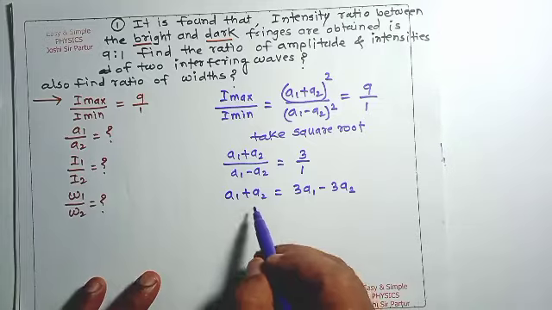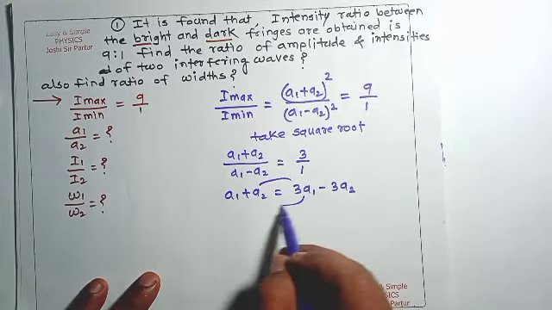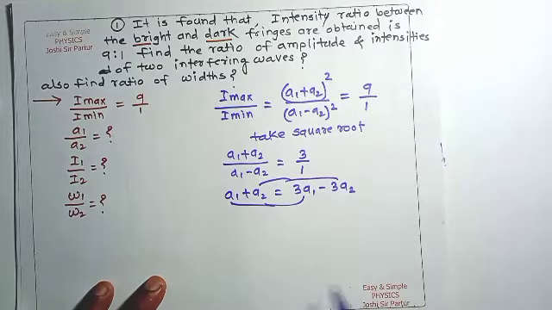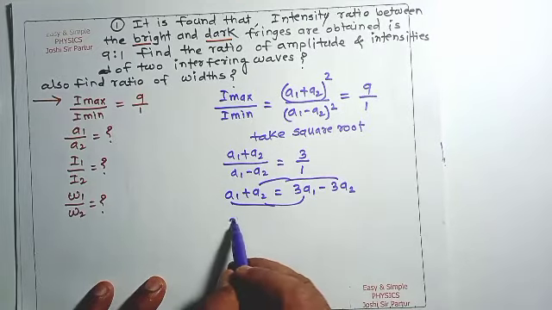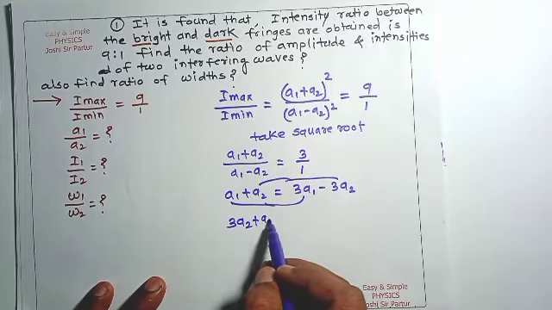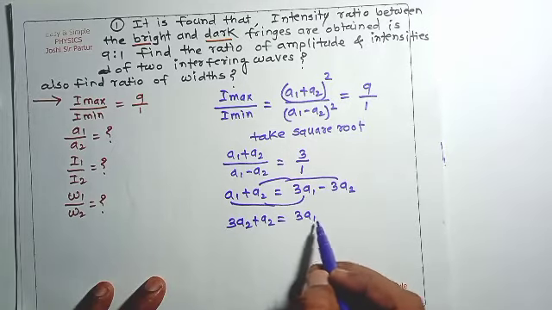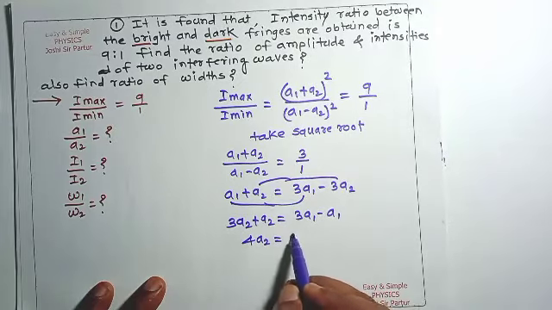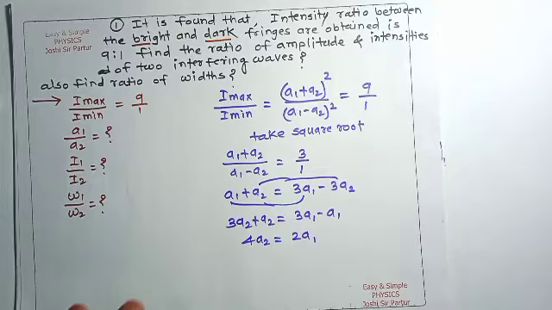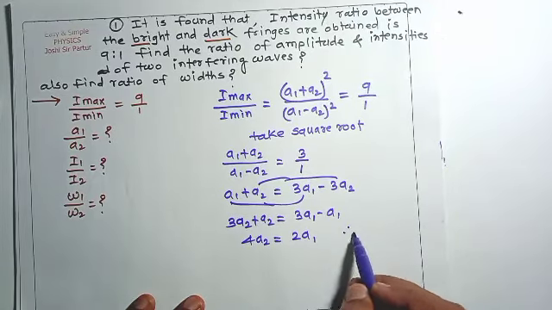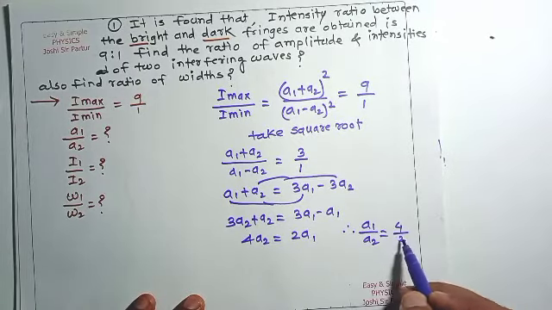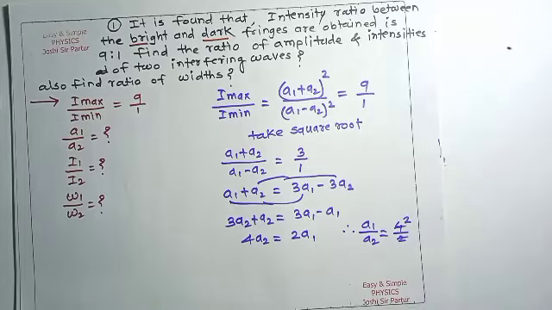If again we shift terms, A2 on one side and A1 on the other, then what happens? 3A2 plus A2 is equal to 3A1 minus A1. That is 4A2 is equal to 2A1. So by rearranging, A1 upon A2 is equal to 4 upon 2, that is 2 upon 1.